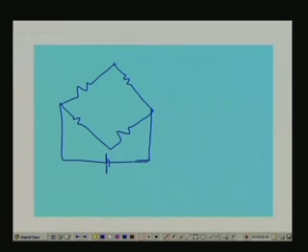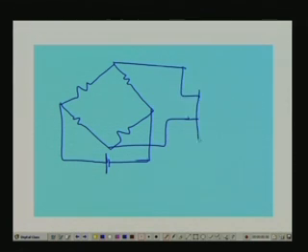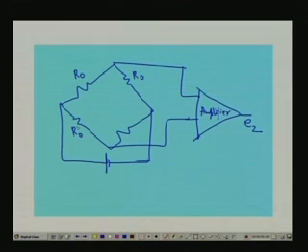These circuits will be used along with the thermocouple circuit in a final signal conditioning circuit, to avoid any change due to the ambient temperature. This is an amplifier. This is output voltage E2; in the first case the output voltage is E1. We have chosen R0, this is R0, and this is RT.